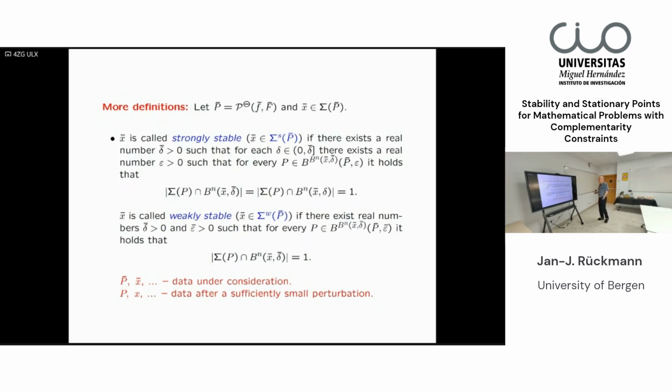And you see it here. So we can perturb the problem in a neighborhood in such a way that we have this condition here. So sigma of P is the set of stationary points, depending on the concept. We will not distinguish now. And we can say strongly stable, this small superscript S here.